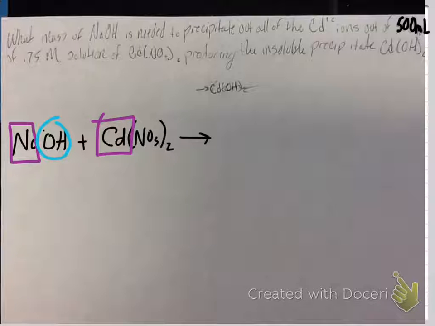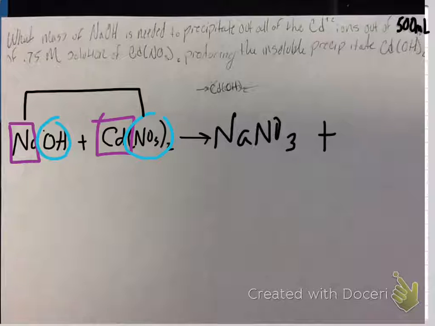Squares and circles partner up. What's your first product? Yep, sodium nitrate, NaNO3. And what's your other product? Cadmium hydroxide.